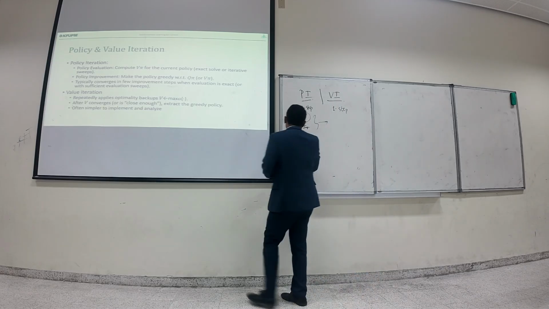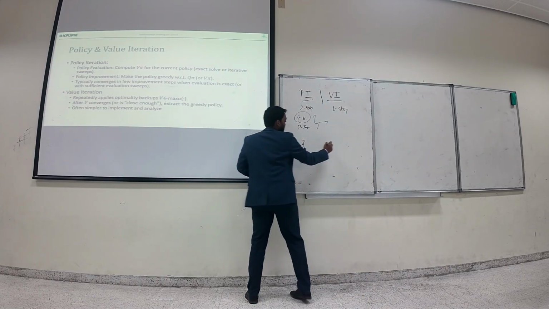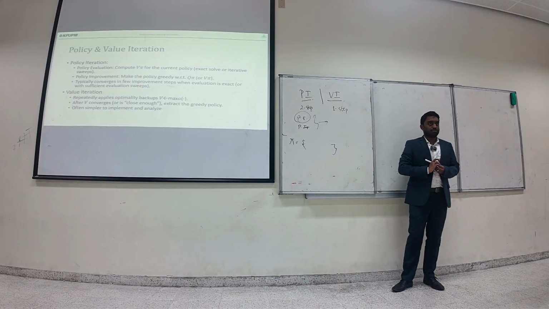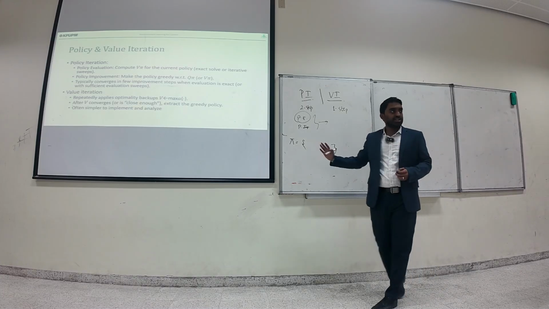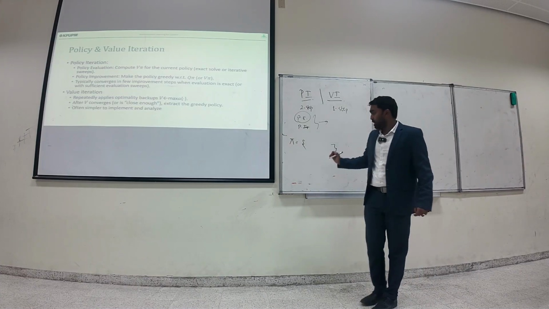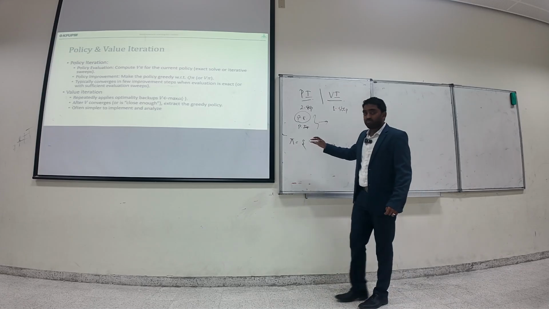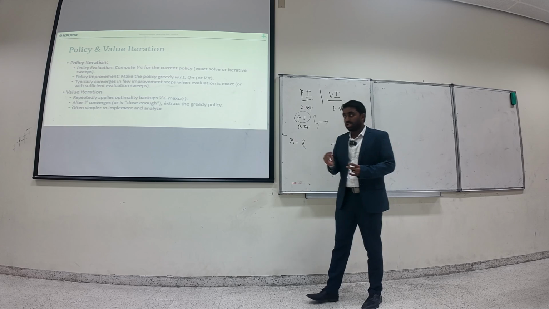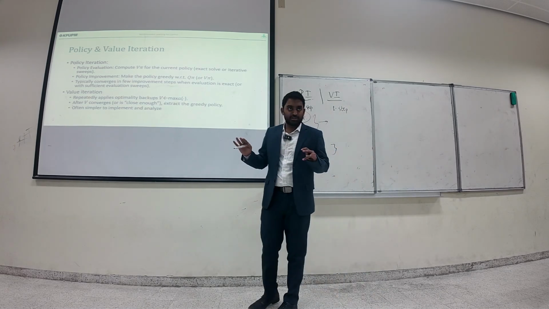By random policy, what is a policy basically? What is a policy? A set of actions, right? A policy in general is a set of actions, okay? Now here, we start with a random policy. What I mean is you can take any actions.